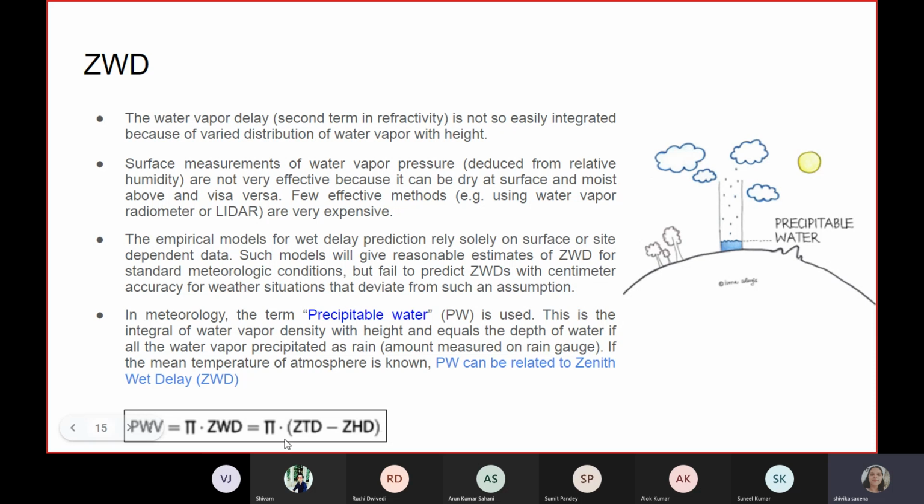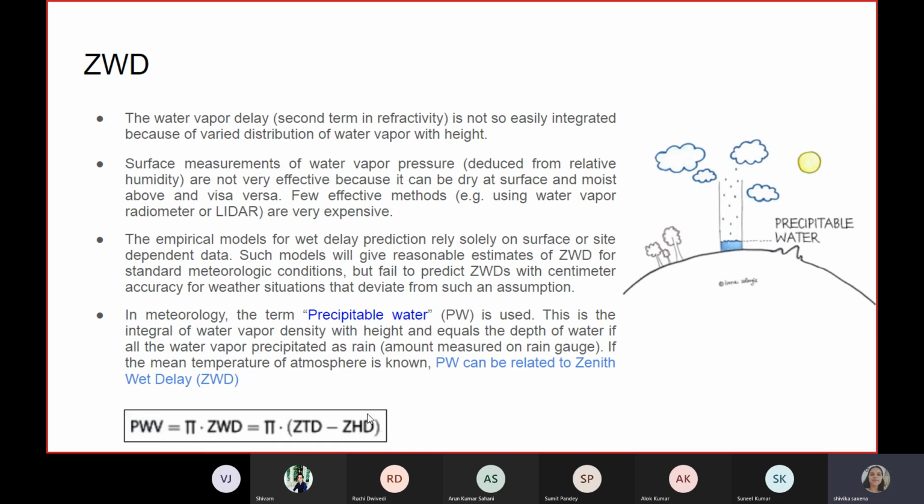So ZTD is the actual observation computed from the GPS observations. Whatever the GPS instrument is measuring, this comes as a byproduct, ZTD.